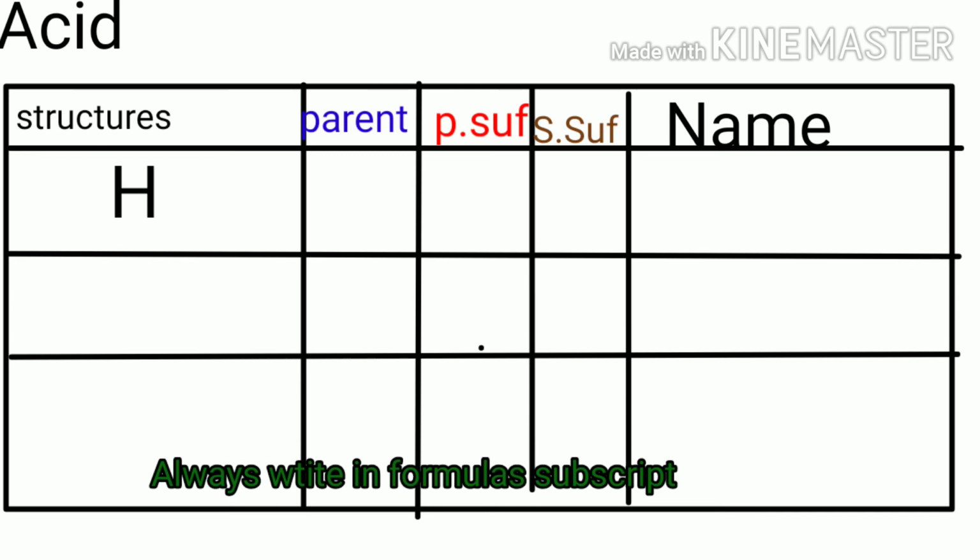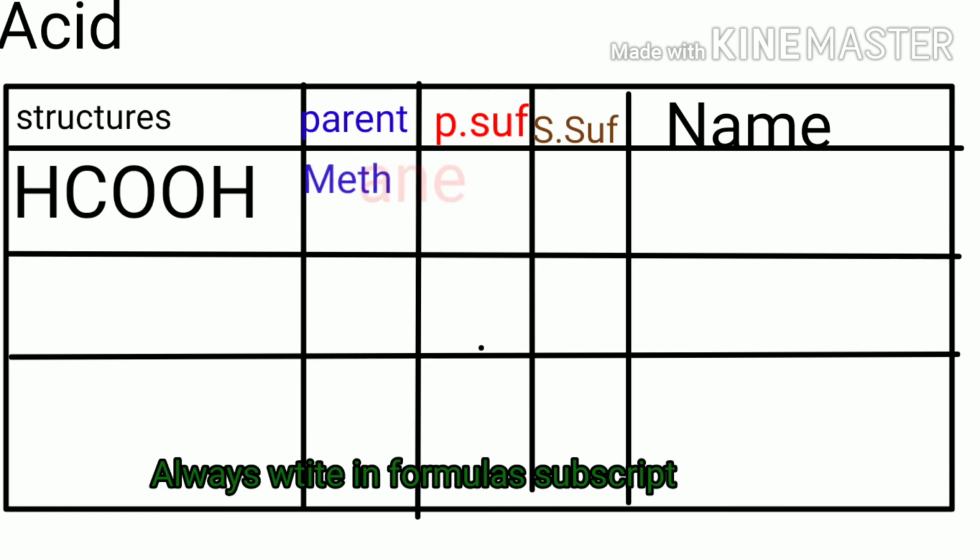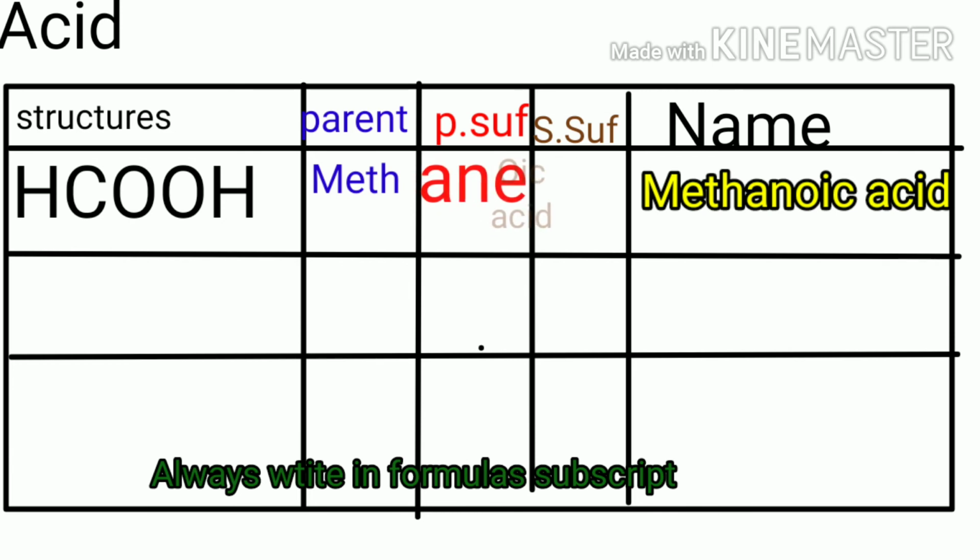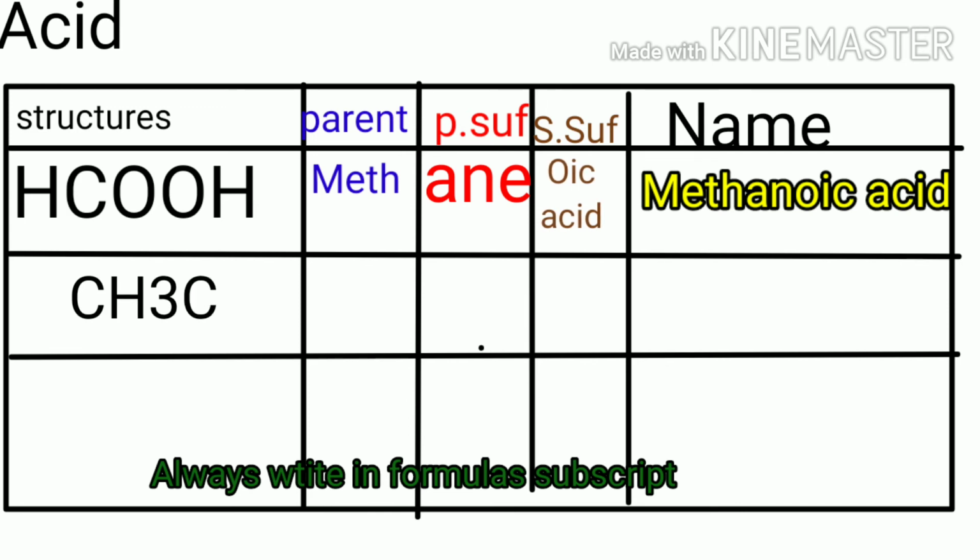The first one has number of carbons 1. So the parent is meth plus primary suffix ane. Then the secondary suffix oic acid is added. So the name is methanoic acid. The second one has number of carbons 2.